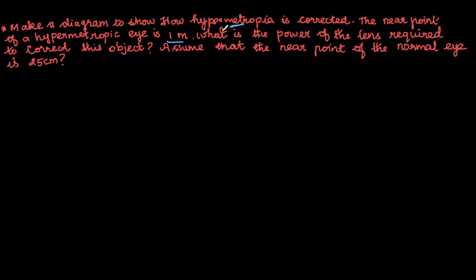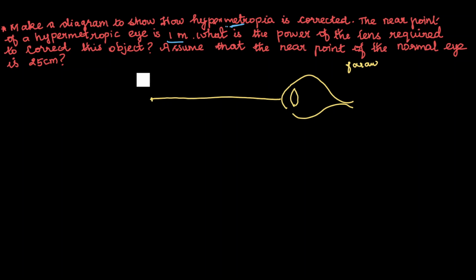So we can draw the ray diagram, for easy understanding. Hypermetropia means they are able to see faraway objects. For faraway objects, the far point is infinite.